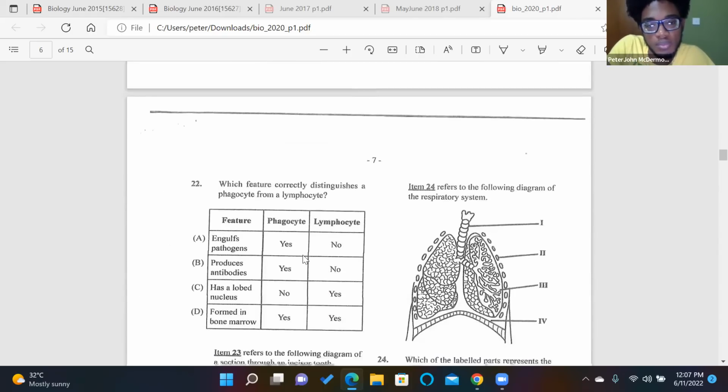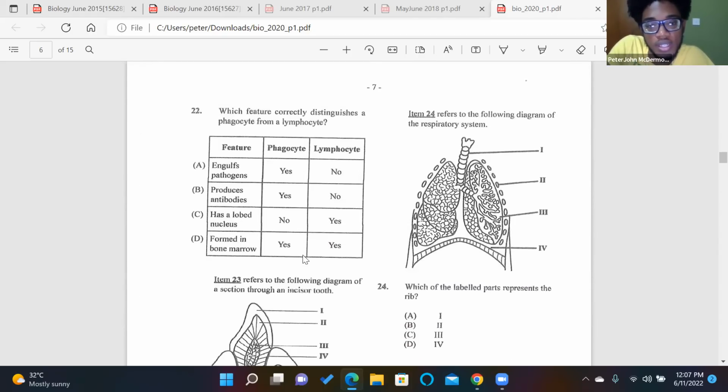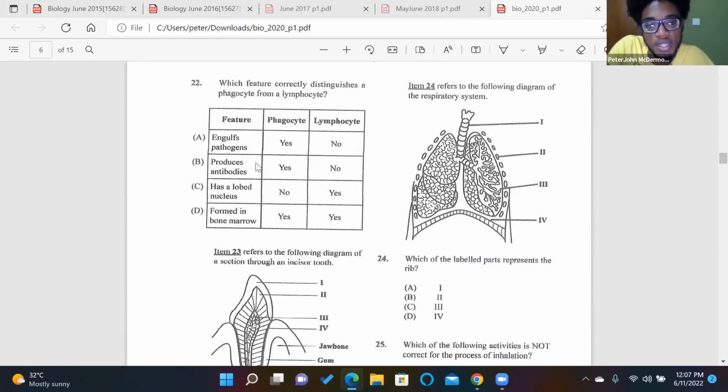Yep. All right, which feature correctly distinguishes a phagocyte from a lymphocyte? Look, does a phagocyte engulf pathogens? Yes. Does a lymphocyte engulf pathogens? No, it does not.